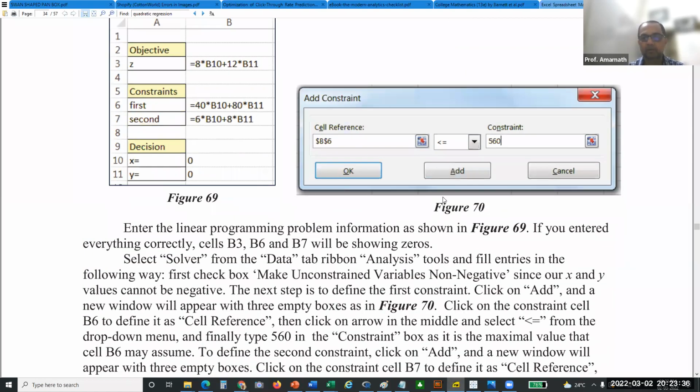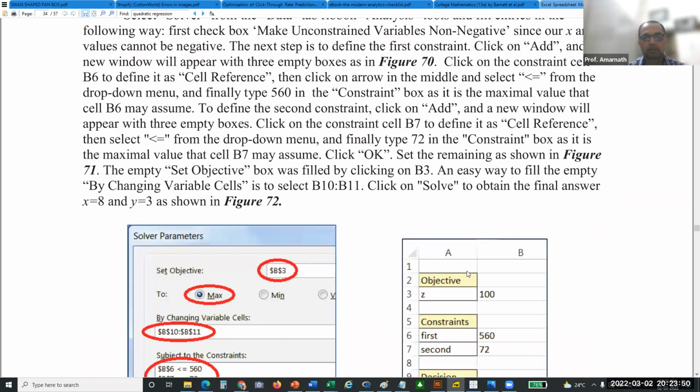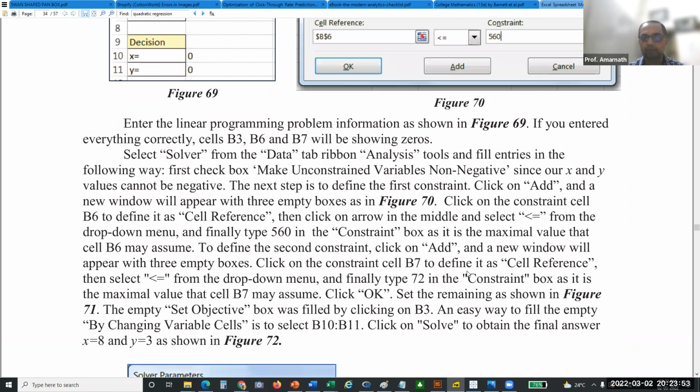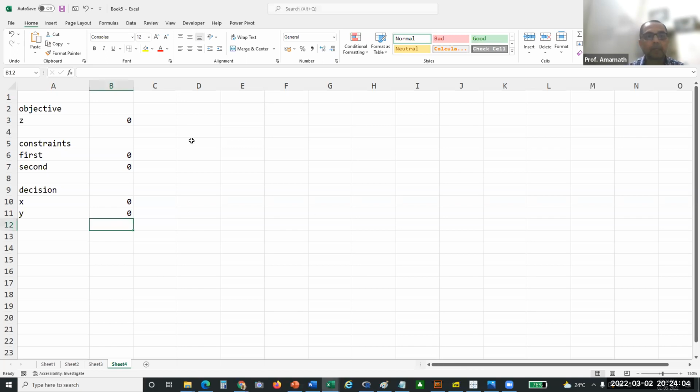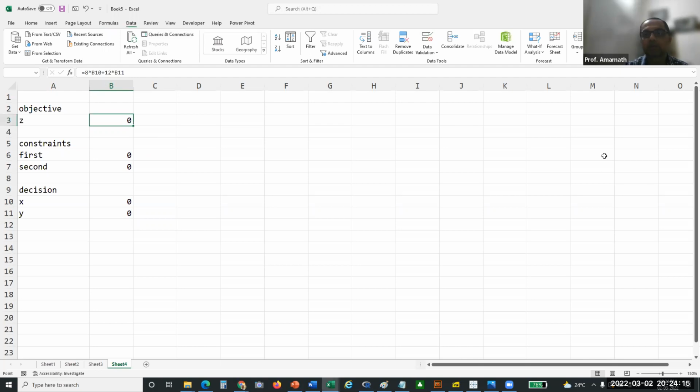We try to go by this thing, like let's select solver, analysis tools. Okay, set objective B3. Data, solver.